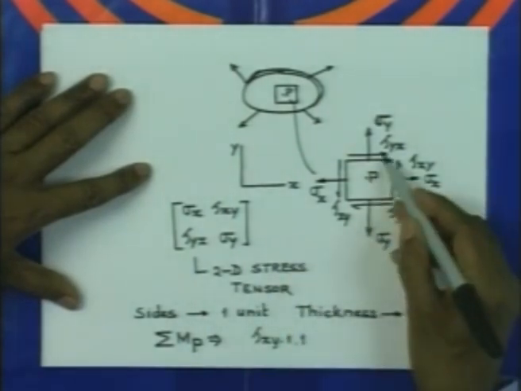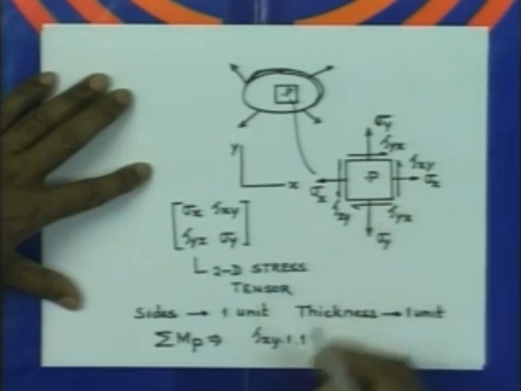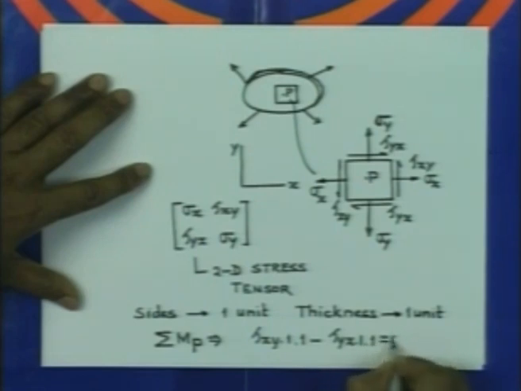Similarly, the moment produced by tau yx and this tau yx is going to be nothing but tau yx, area is 1 and distance is 1. So, therefore, this is the moment and this is equal to, it must be in equilibrium, therefore, it is 0 and hence we will find that tau xy is equal to tau yx.